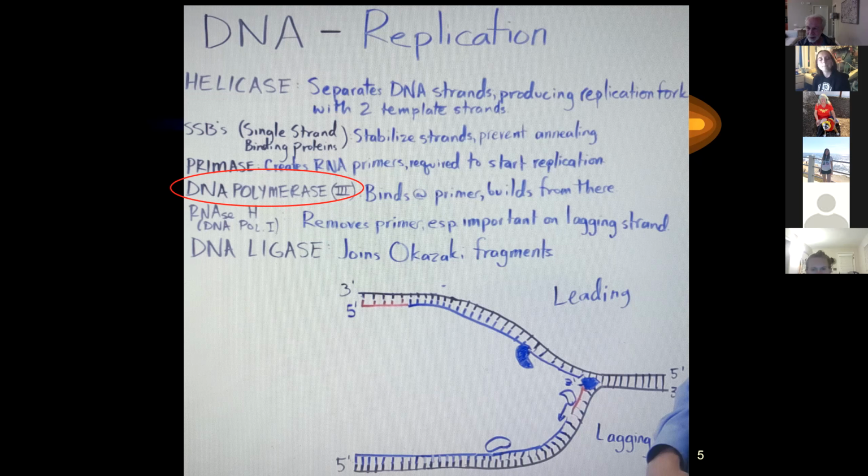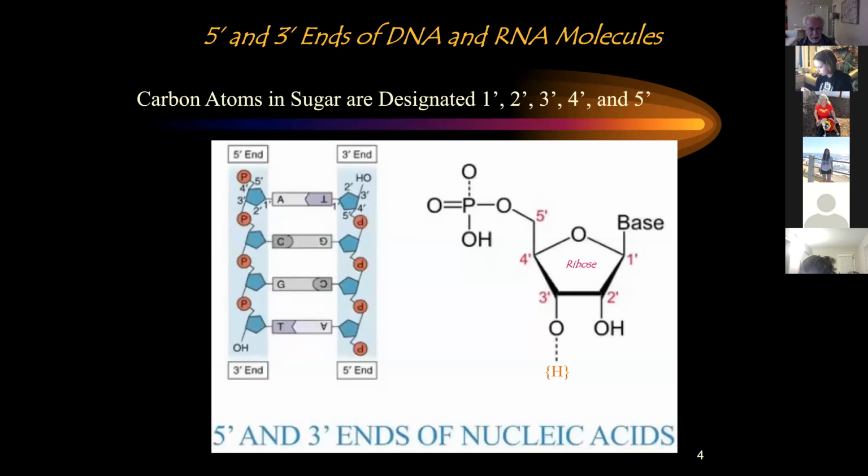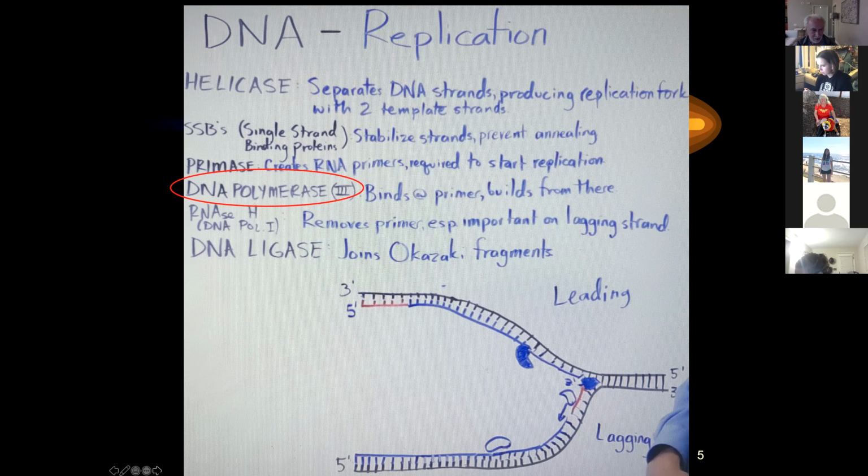One more question, if I could, Professor. Is there any other thing than helicase that would separate DNA? In other words, are there other helicases? I don't know if there is more than one helicase.